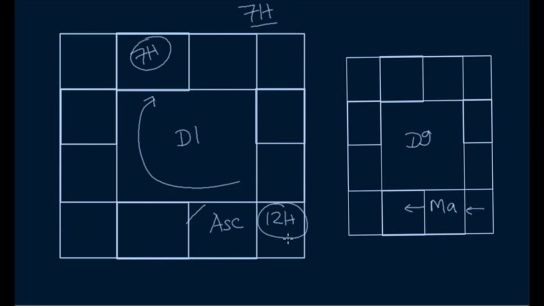Okay, so what is the signification of 12th house? 12th house signifies two things. One is it is ninth from the 4th house. So 4th house is your mother. Ninth from 4th is actually father of your mother. In Hindi we call it Nanaji, and it also means the mother of your father. So it is basically 4th from the ninth house.